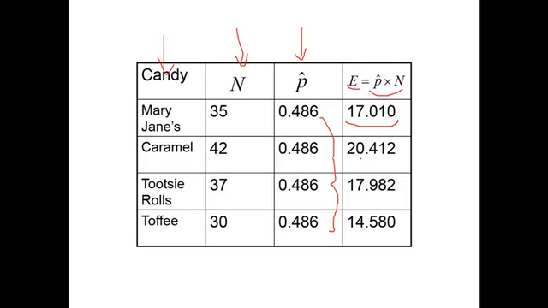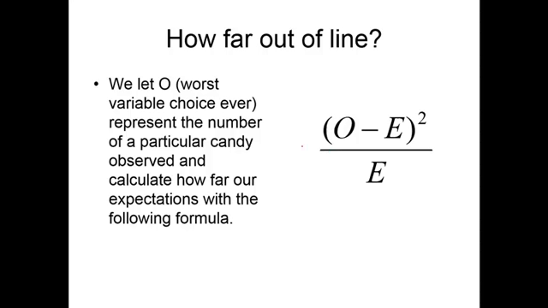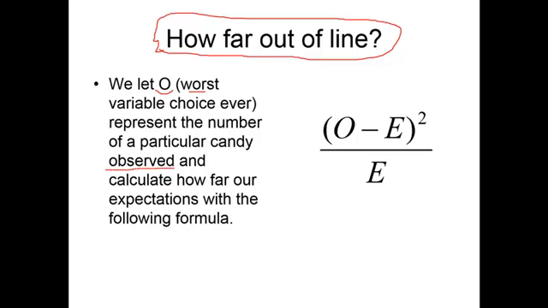Now we measure how far out of line our expectations are from the reality. So we will let O, and this is the worst variable choice ever, represent the observed candy, the candy that is observed to have been consumed, and calculate how far out of line it is with our expectations.